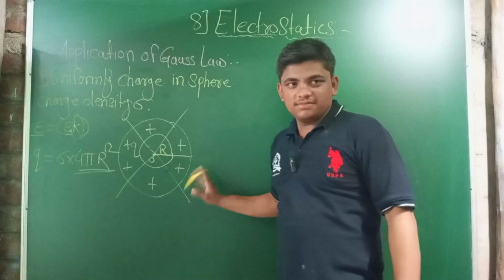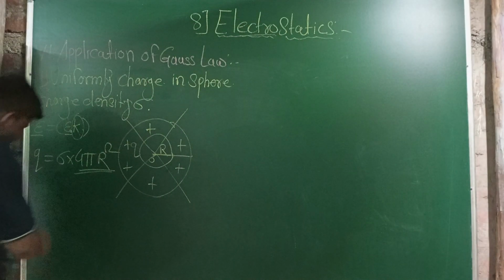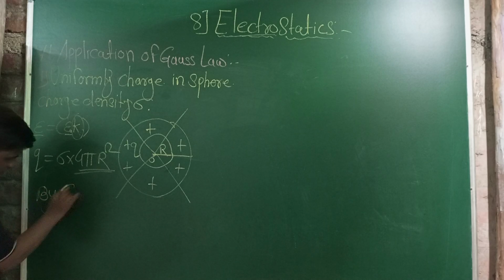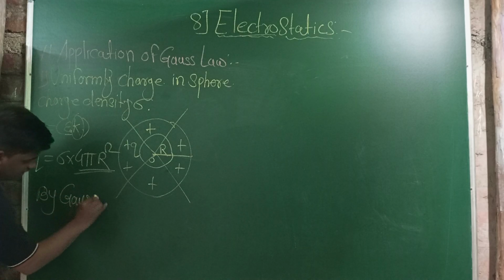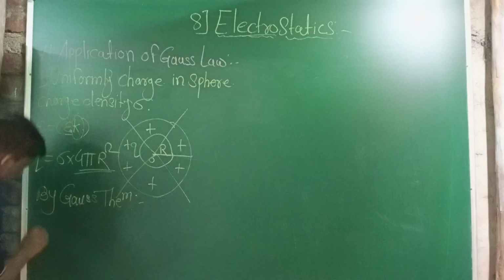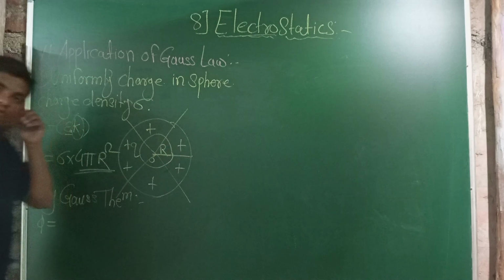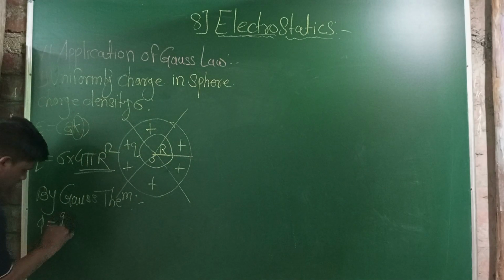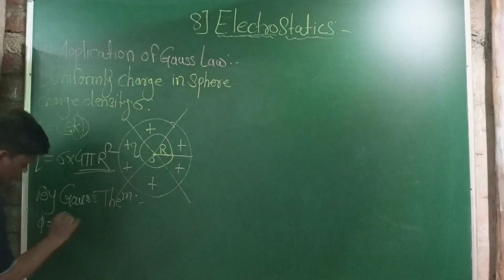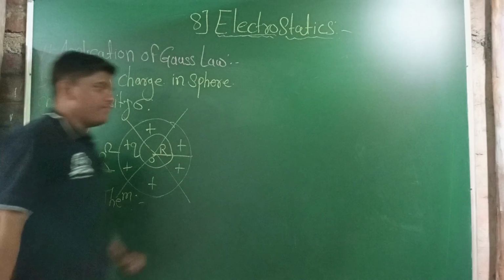By applying Gauss theorem, we know that the electric flux over a closed Gaussian surface is equal to the total net charge divided by the permittivity of free space.